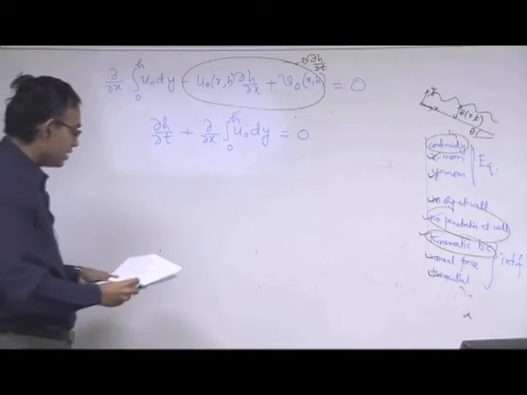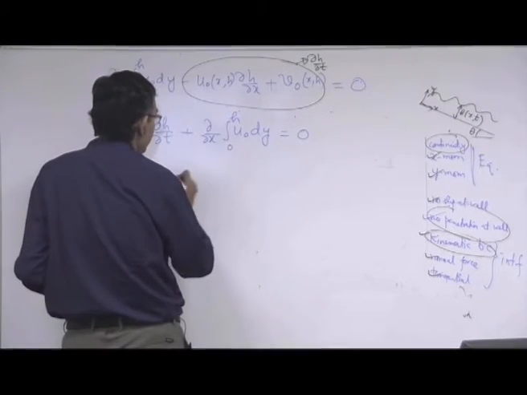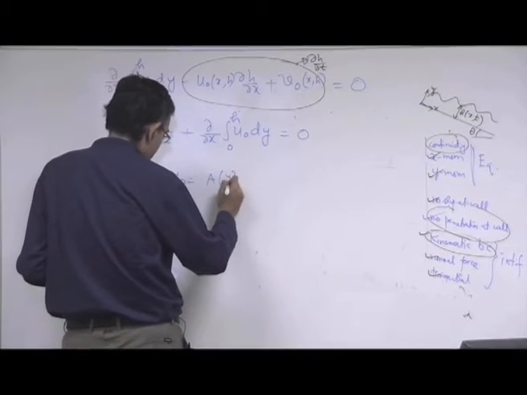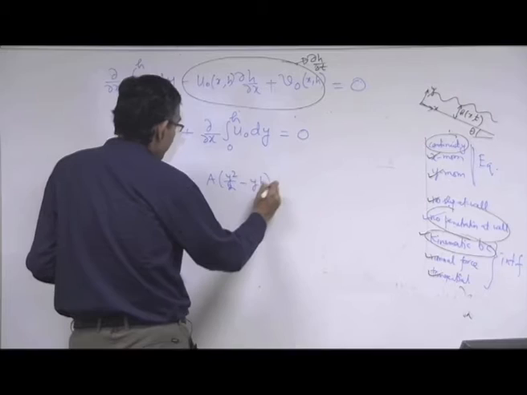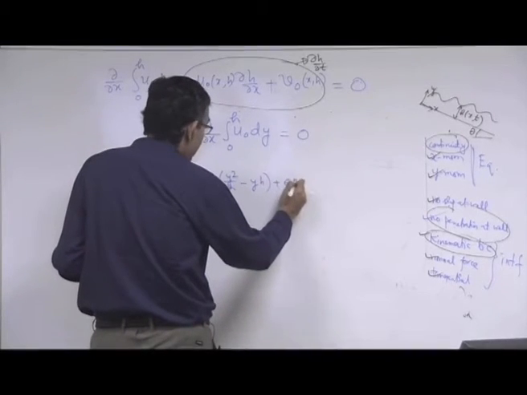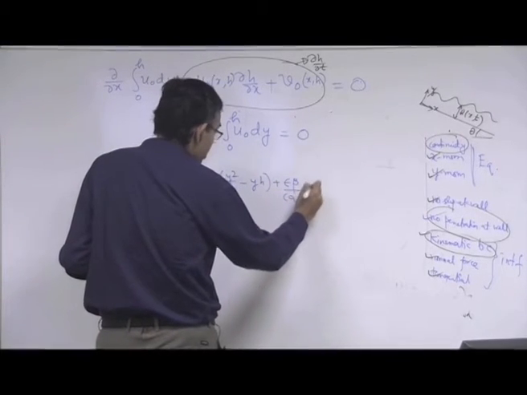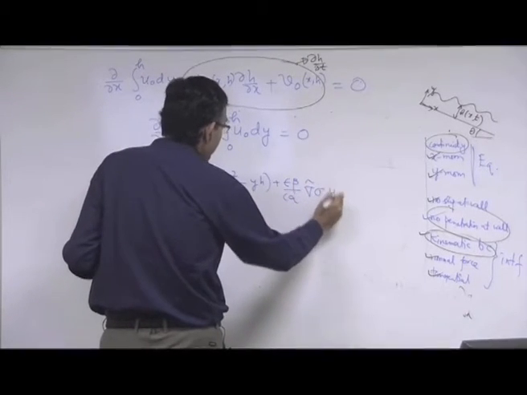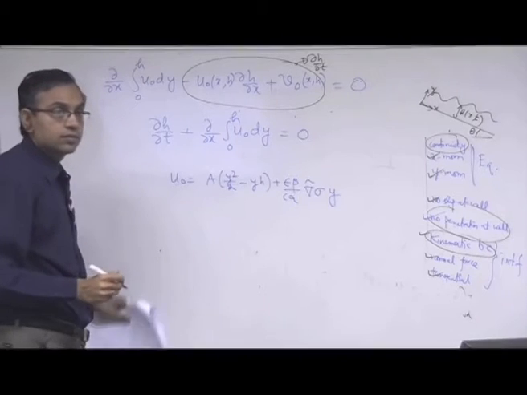And u0 as a function of y, you know what u0 is: A into (y²/2 minus yh) plus epsilon beta by capillary number ∂σ/∂x times y, right.